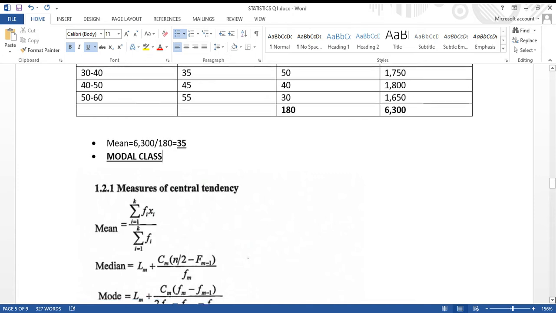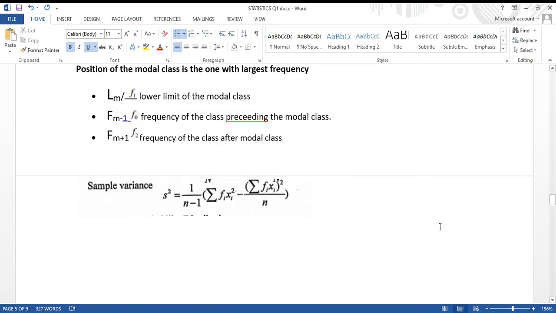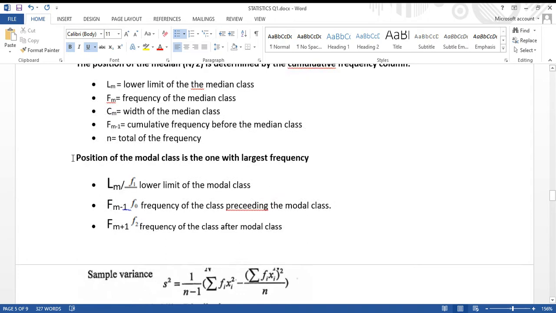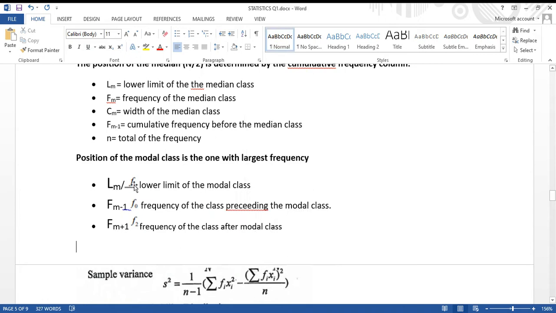Modal class. Let me just get the information for the modal class. This is our formula. Let me bring the formula and the information together, side by side.